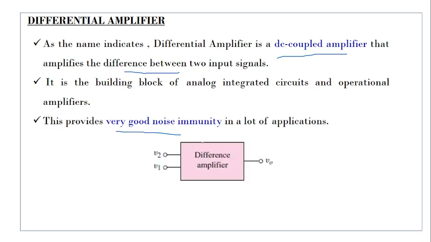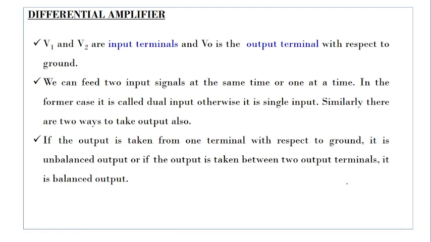If you look at this block, V1 and V2 are the input voltages and the output voltage is going to be the difference of the input voltages. If V1 is greater than V2 or V2 is greater than V1, whatever it might be, the difference of the input voltages will be amplified over here. This is the block diagram of a simple differential amplifier.